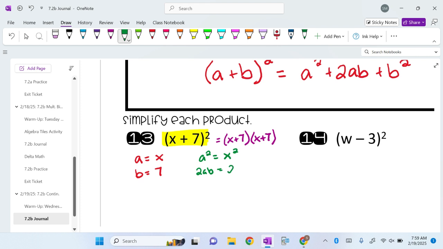This means you're doing 2 times x, which is my a value, times 7. So what would that be equal to? So do it one step at a time. What's 2 times x? 2x times 7. 14x. Good.